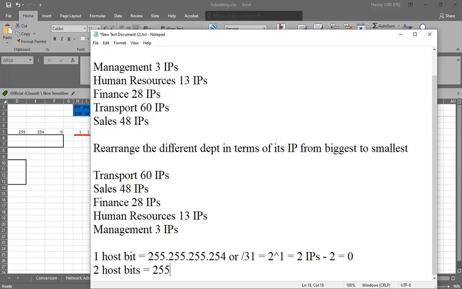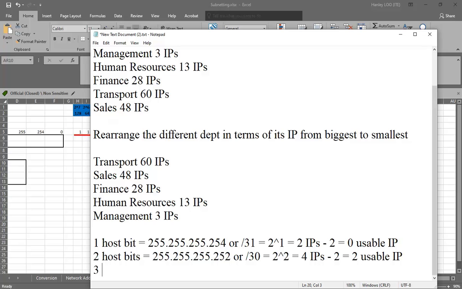It will be 255.255.255.252 or /30, which equals 2 to the power of 2, which is 4 IP, minus 2 equals 2 usable IP. A /30 is very useful when we are thinking of allocation for point-to-point links, like between routers where we have a serial link between them. Then 3 host bits.